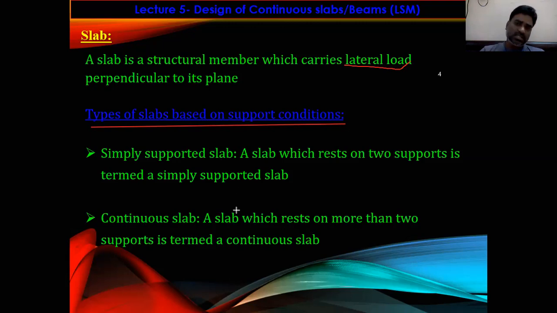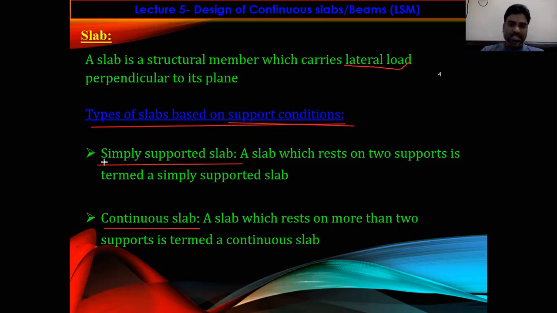Here I am classifying based upon the support condition: simply supported slabs, continuous slabs, and cantilever slabs, where the slab extends from the support, such as porticos or sunshades.